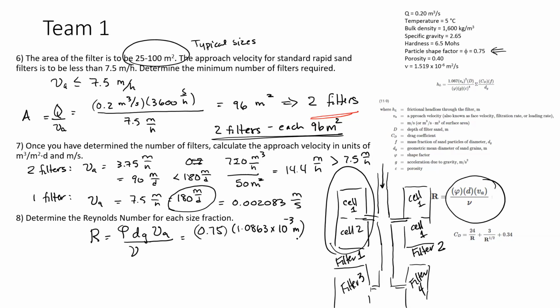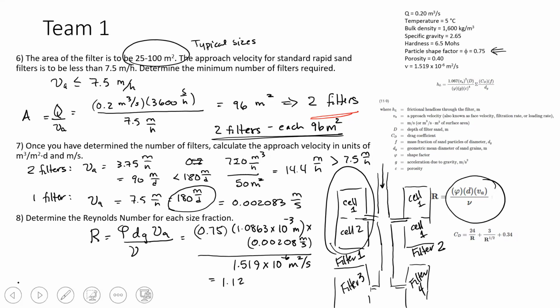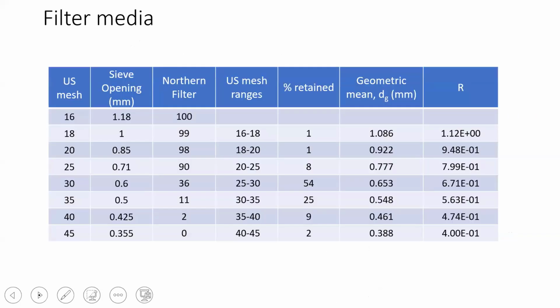Before, we had the values in millimeters, make sure you convert to meters, times the approach velocity, and we will divide that by the kinematic viscosity at the temperature that you're given, and that is equal to 1.12. So we will do the same for all.